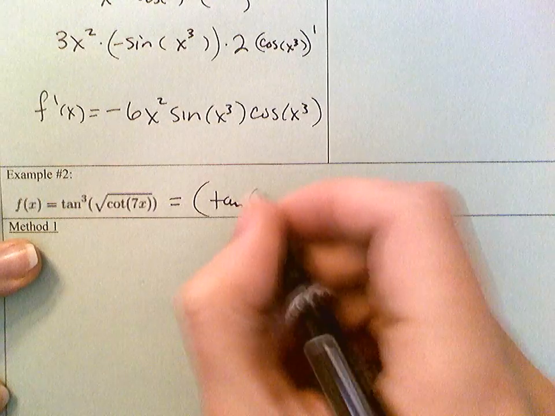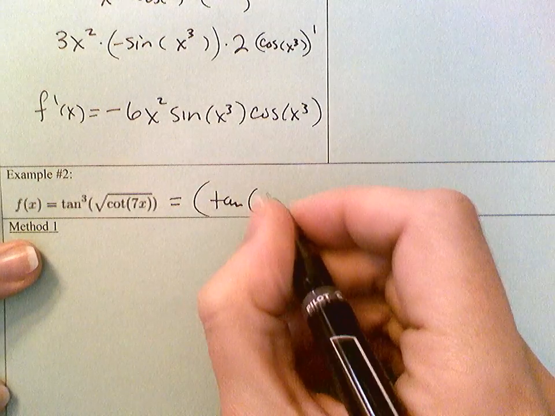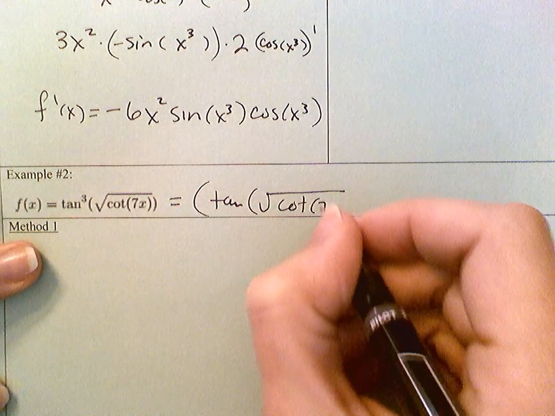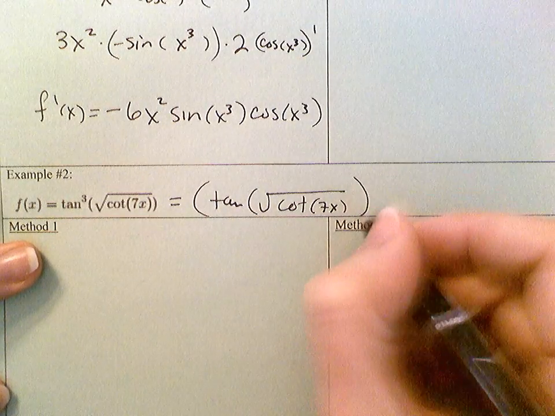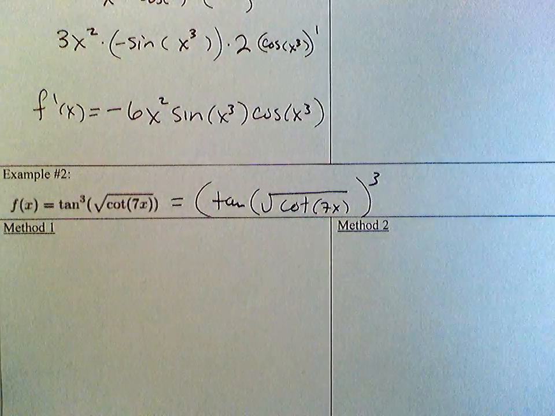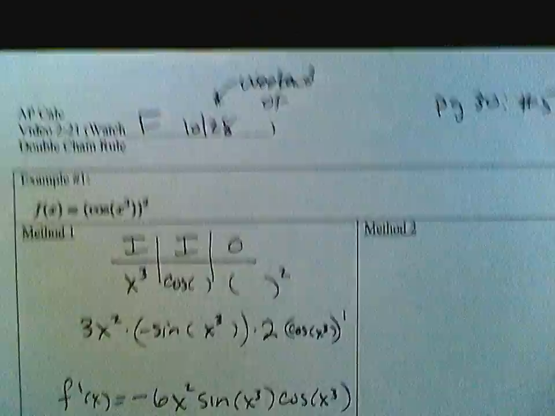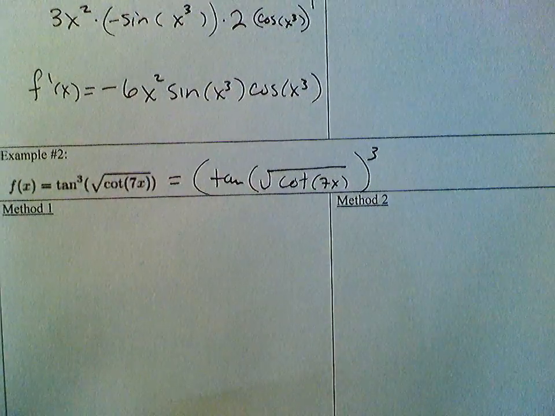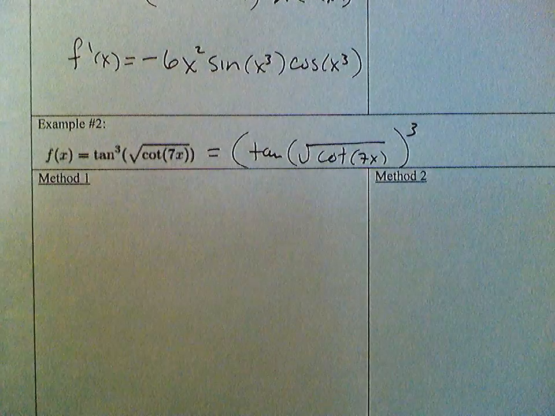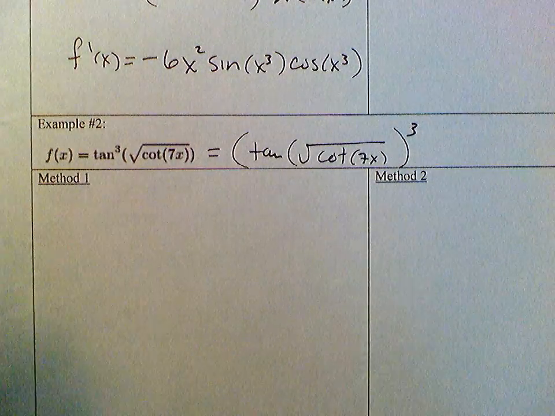Tangent of radical cotangent 7x to the third. Okay, anytime you have a trig function raised to a power, I would rewrite it like that. The first one was already written that way for us, with the squared on the outside. Okay, so I do this because it's easier to see what's inside of what.